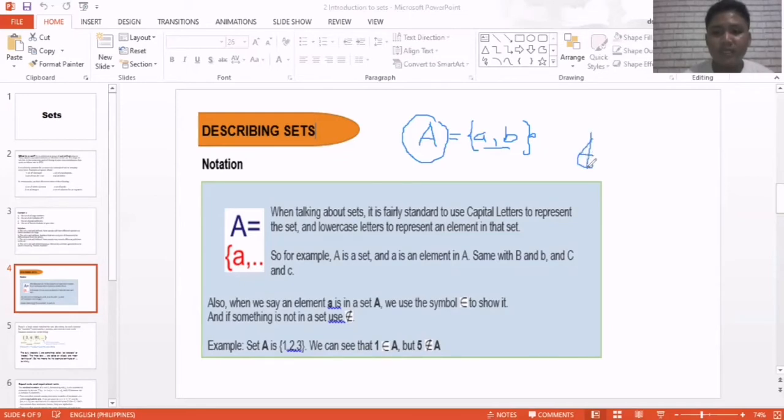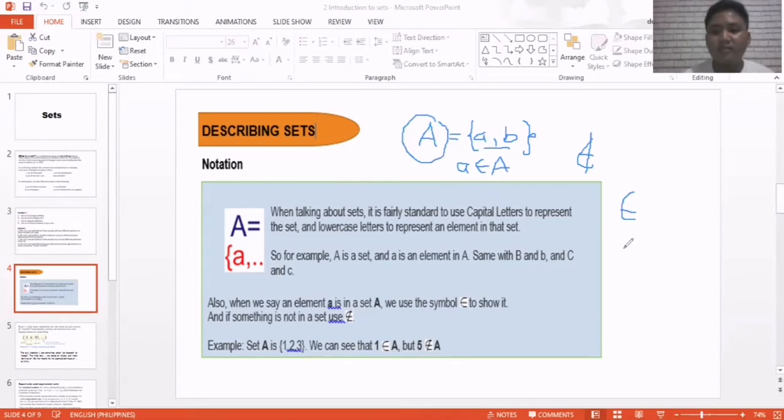So here we can say that a, the member here, is an element of set A. That is correct because it is a member of that set.